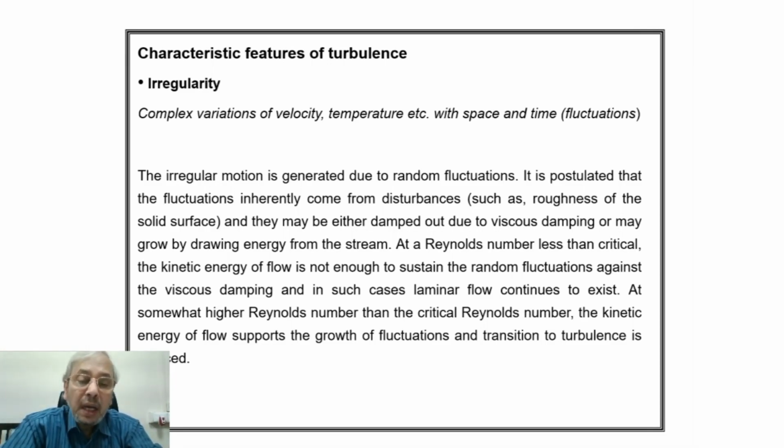At somewhat higher Reynolds number than the critical Reynolds number, the kinetic energy of flow supports the growth of fluctuations and transition to turbulence is induced. So you get a sort of rudimentary idea about some characteristics, features of turbulence.